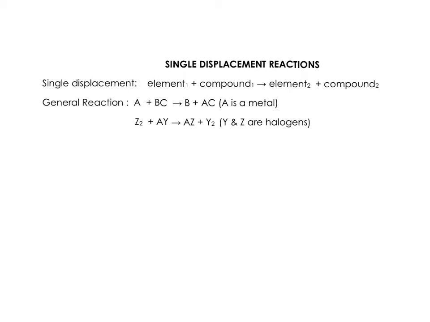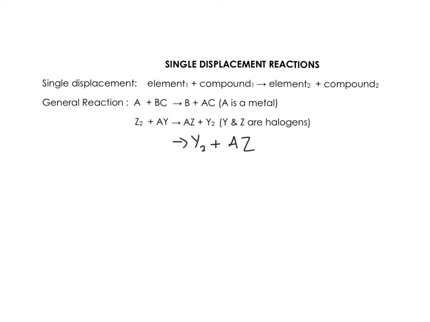And it does not matter if you have AZ plus Y2 or Y2 plus AZ. The order of the products, just like 2 plus 1 is equal to 1 plus 2, it doesn't matter which order you put the two products in.